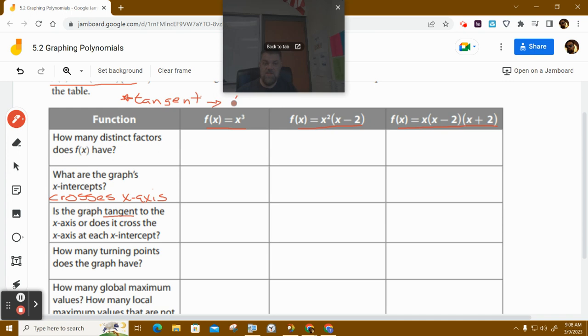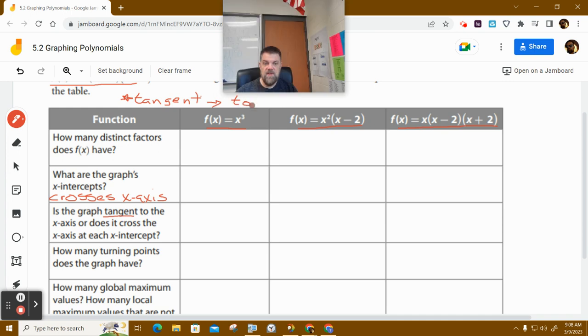But tangent means touches. That's an informal definition, but when something touches something, we call it the tangent. With the sine and cosine and the tangent function, it just touches at one point, actually, is what I should say. Touches, and then in parentheses, say at one point.